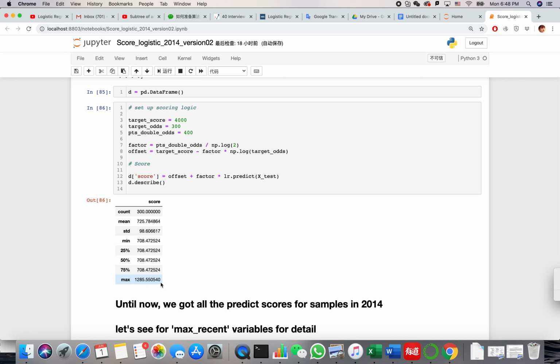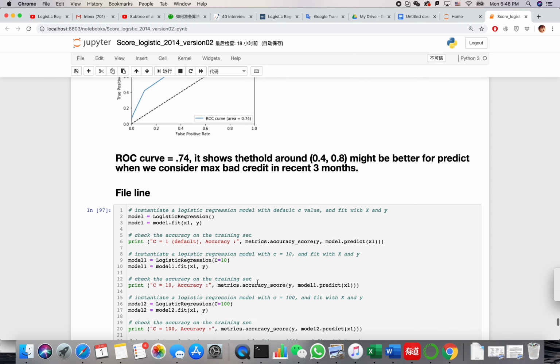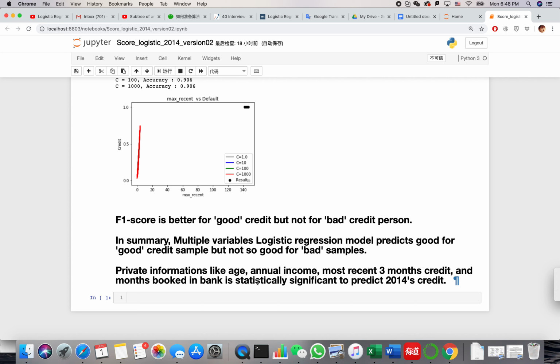Now we have finished our project, and to summarize, our model is good for credit. For the credit expand, the F1 score is a little smaller.